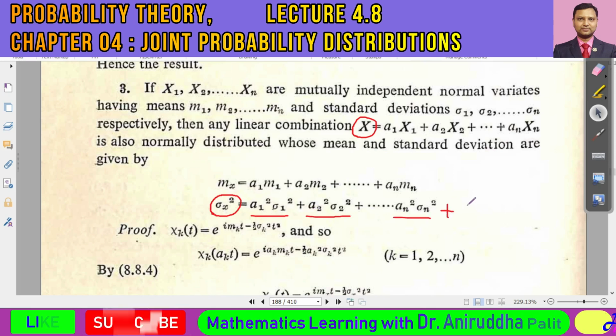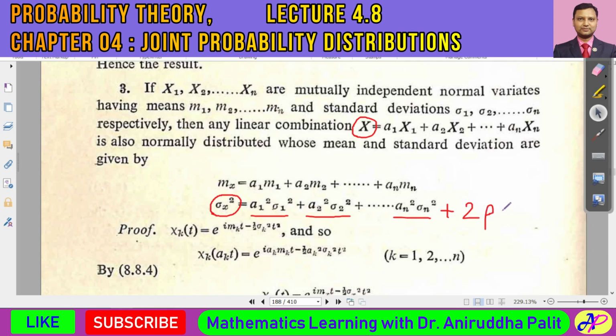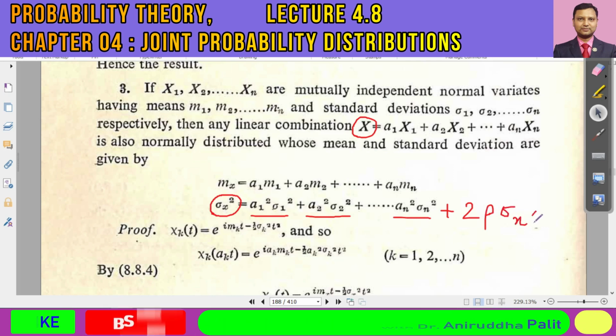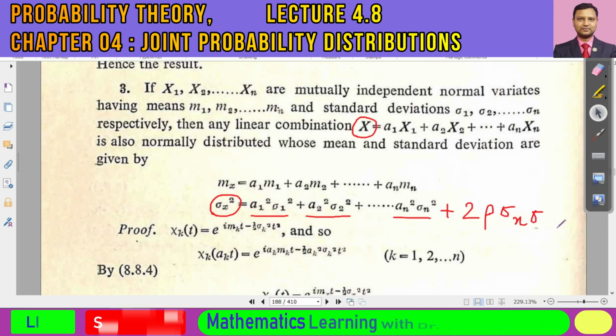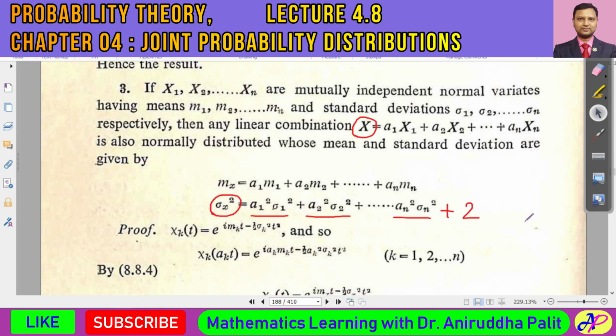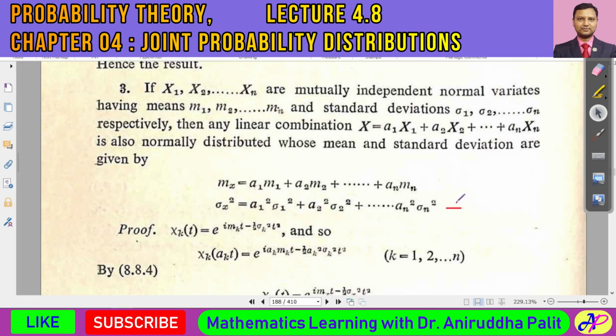We would not have any terms like twice rho into sigma x1 sigma x2 and so on, because all these x1, x2, xn are mutually independent. So these terms would vanish; all these terms would be equal to 0. So we shall have this result.